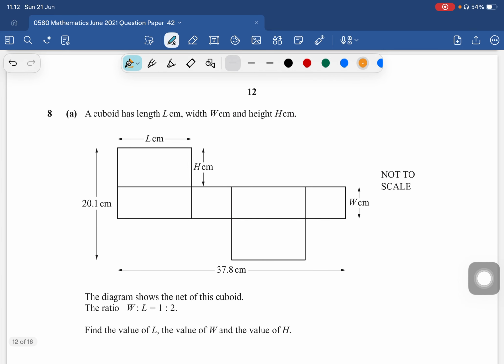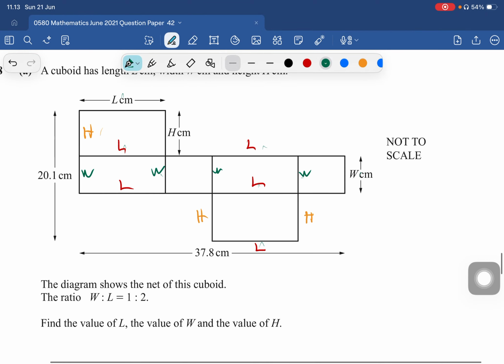L, L, L. The width. So here is the width, the width, the width, and the width. So 1, 2, 3, 4, 5, 6. 1, 2, 3, 4, 5. Okay, here also the height. The height, height, height, and the height.